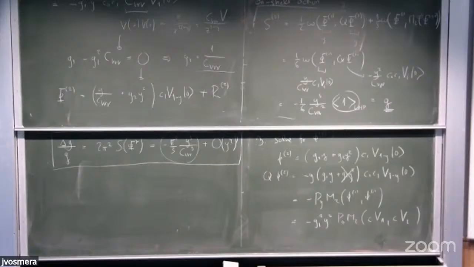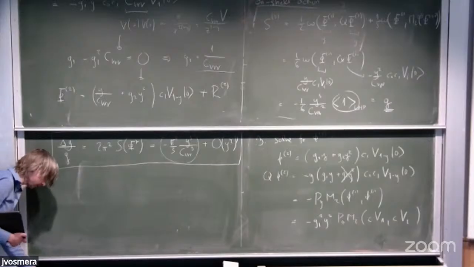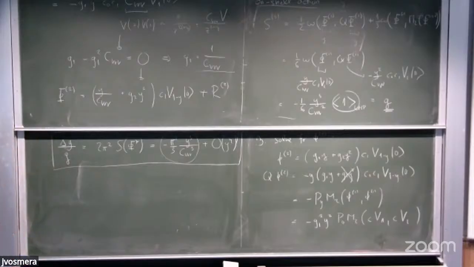In the case of marginal deformation, we expect there to be a consistent CFT for continuous values of the parameter lambda, right? Here, on the other hand, the relevant deformation is expected to be a fixed classical solution corresponding to the IR CFT, to the CFT in the IR of the RG flow.